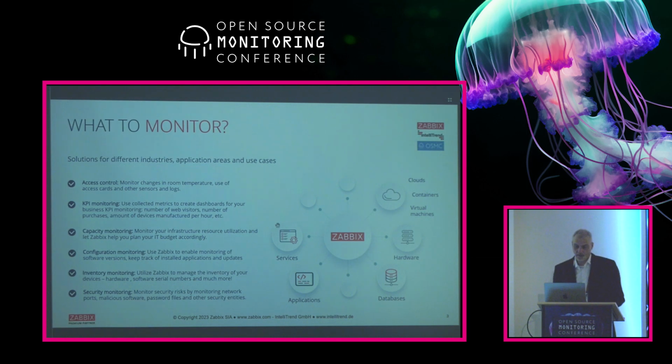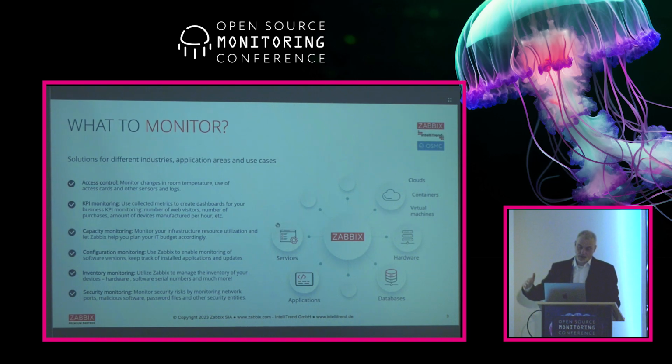Or we have a customer who is running web shops worldwide in some web shop clusters for different companies. And what they do is they use Zabbix as a sort of umbrella monitoring. So they pick just very specific metrics and, in fact, KPIs, and work with those KPIs within Zabbix.